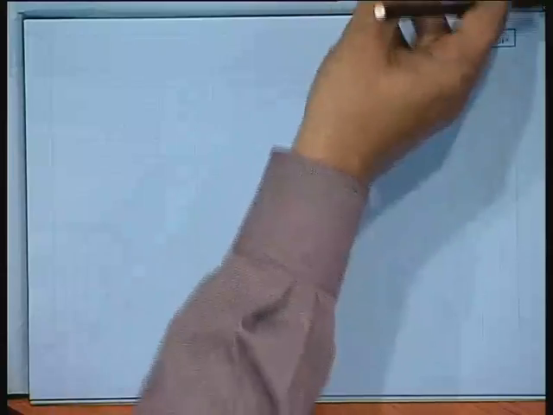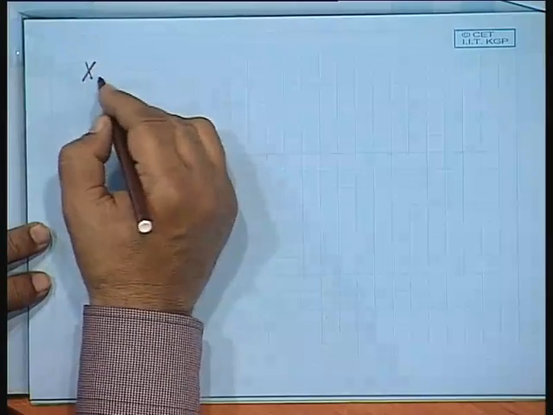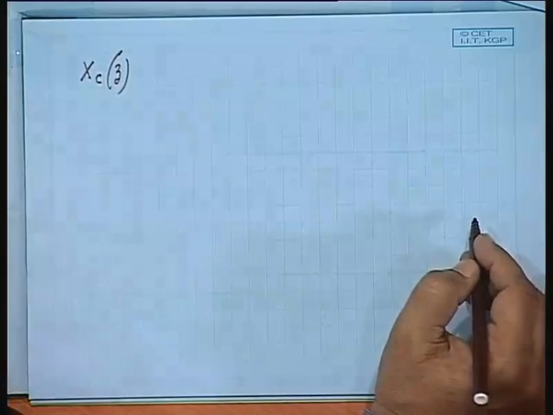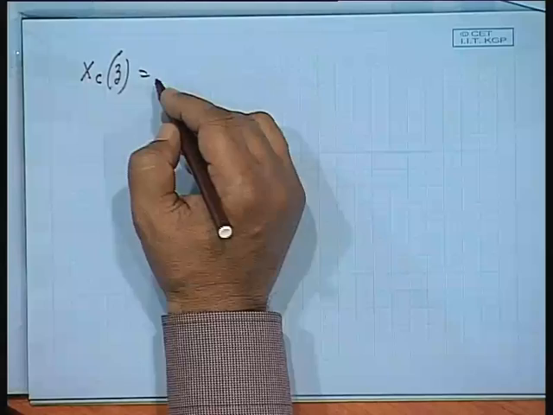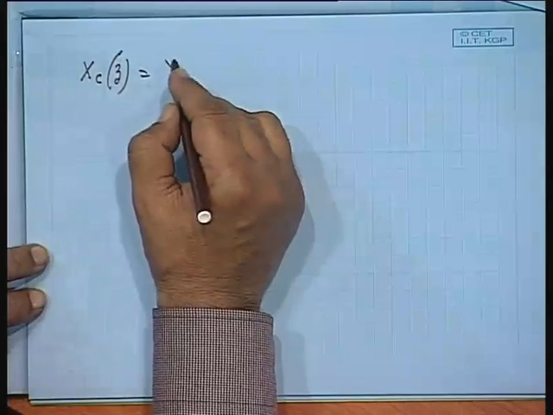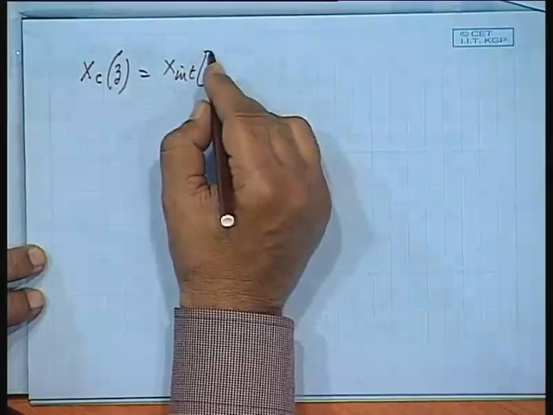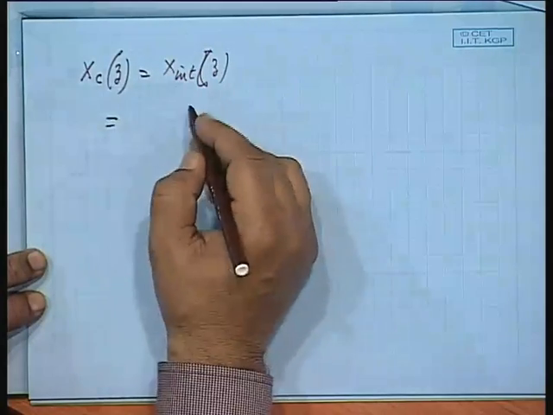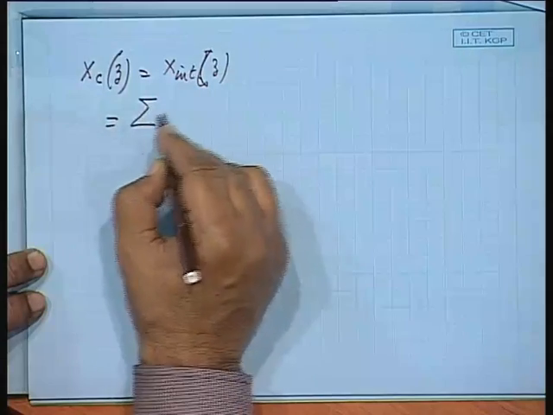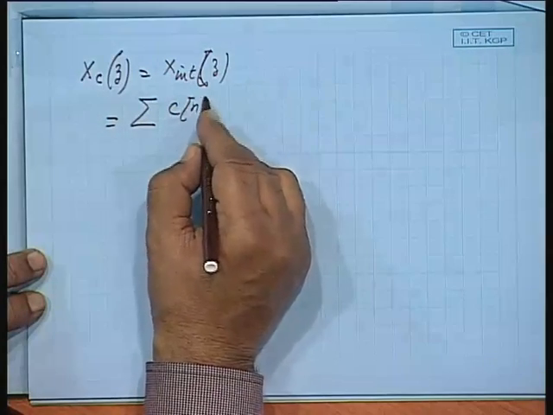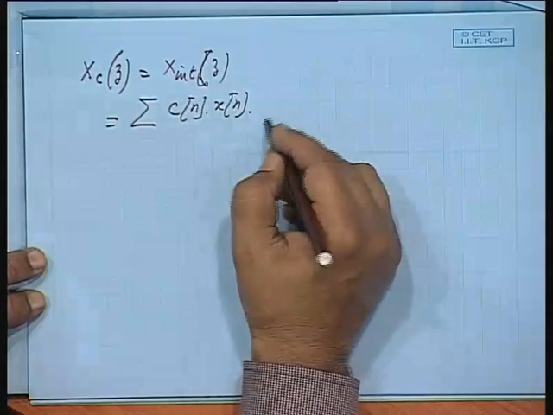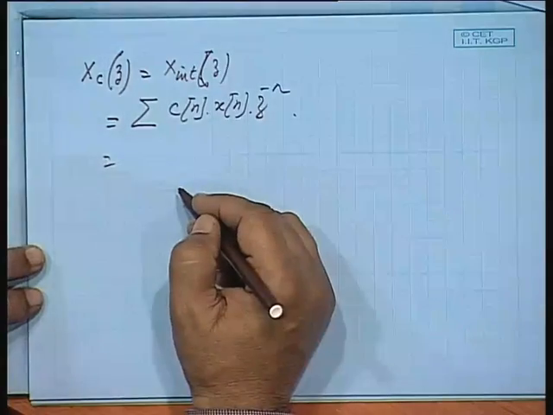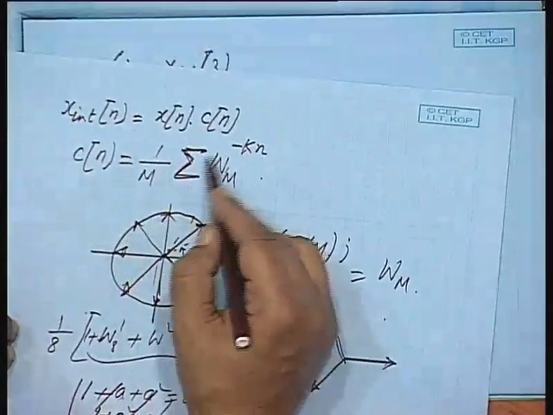So, if that is so, then what will be the compressed sequence X z, which is nothing but that intermediate x, which is summation of Cn into Xn into z to the power minus n, okay. And what is Cn? I have expressed it in terms of 1 by m sigma this.